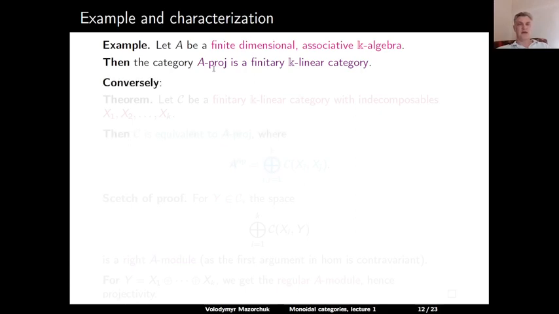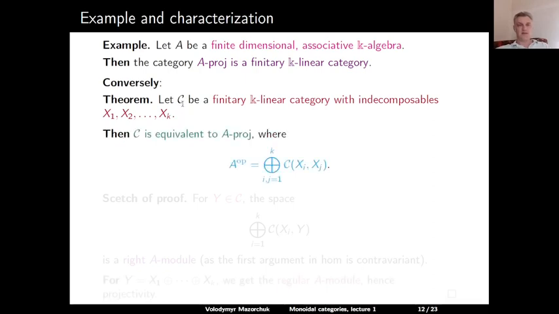Conversely, theorem: let C be a finitary k-linear category with indecomposable objects x1, x2, and so on, xk. So we assume that this is a full and irredundant list of representatives of the isomorphism classes of indecomposable objects in C. Then the category C is equivalent to the category of finitely generated projective objects over the finite dimensional associative algebra A, given as follows.